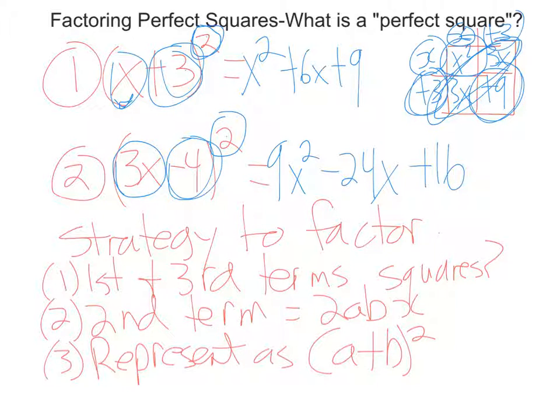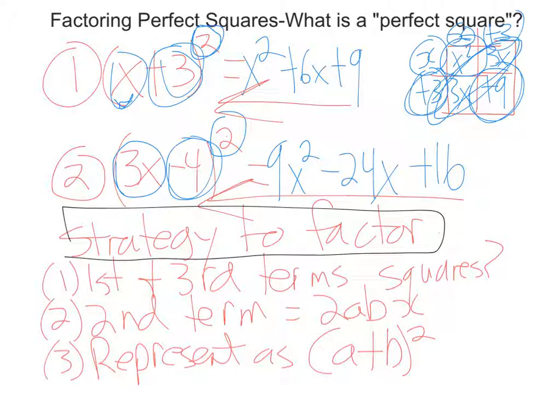So what's our strategy for going in the other direction? Okay, so that was called expanding. Now I want to go in this direction. I'm going to take the standard form and put it into factored form. Well, the strategy that we can use for that is this. Check that the first and third terms are squares. So here, x squared and 9 are both square numbers.